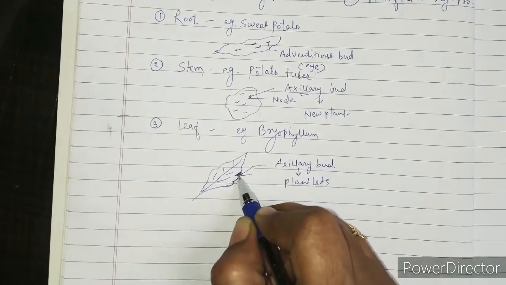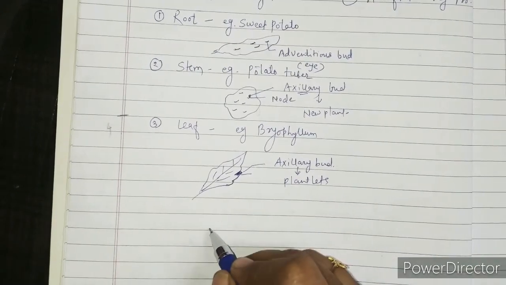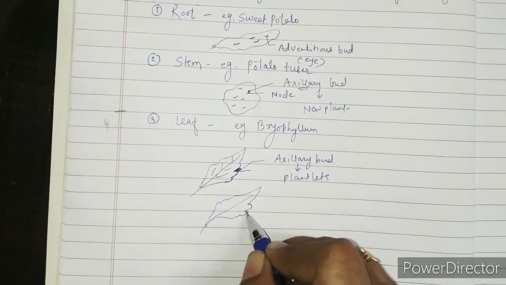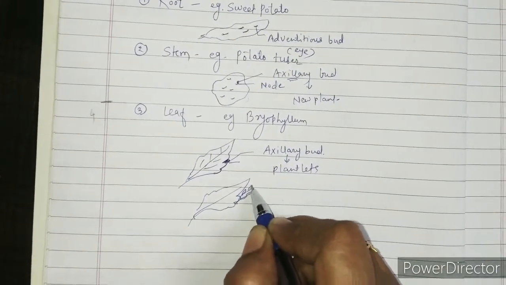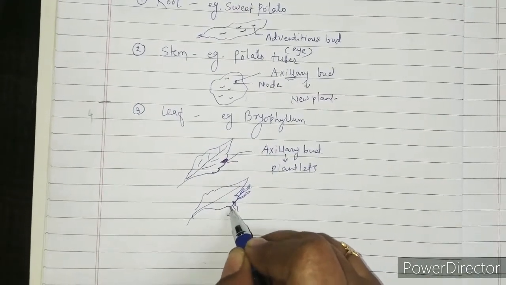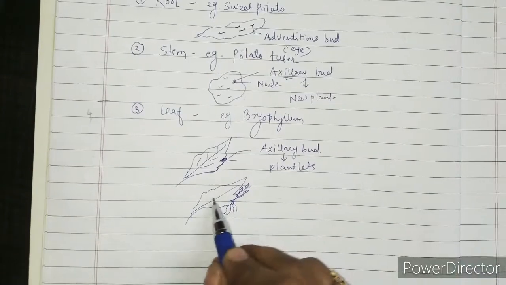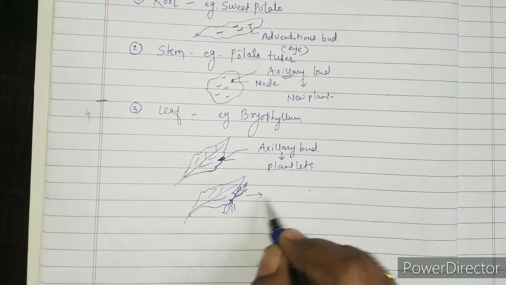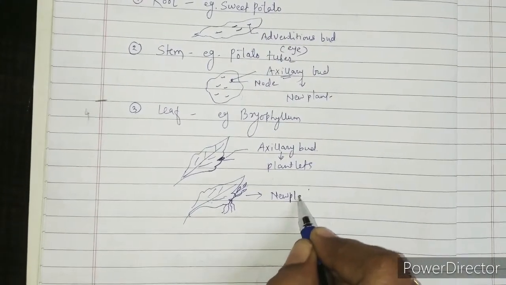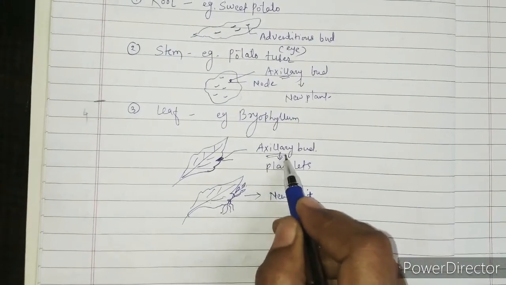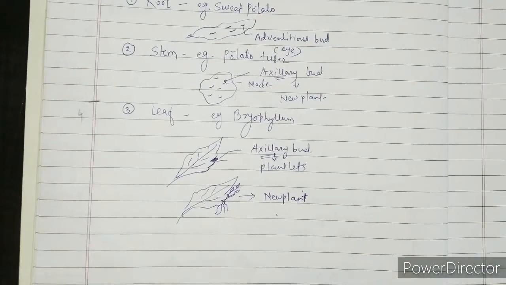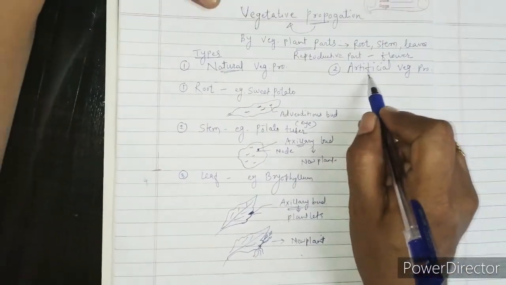Suppose this is a bud. Now this bud sprouts like this and produces a small leaflet. Roots also develop here like this. Now when this plantlet gets detached from the leaf, it gives rise to a new plant. So the new plant develops from the axillary bud present in the notches of the leaves. So this is a type of natural vegetative propagation.